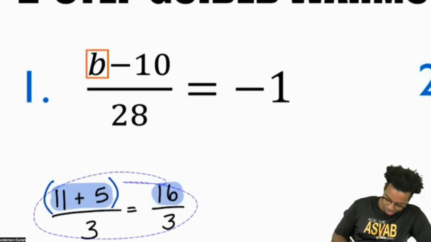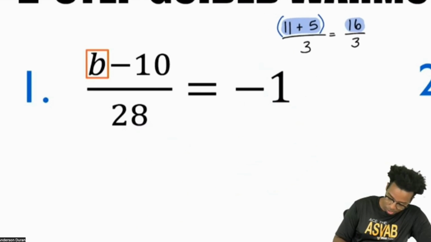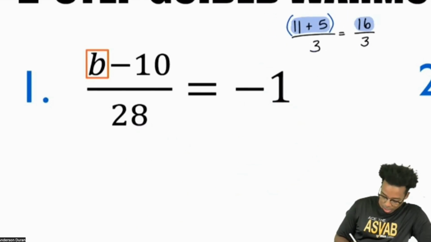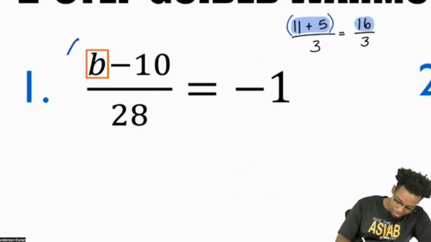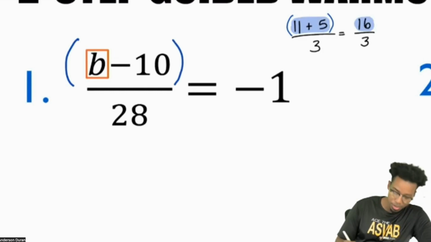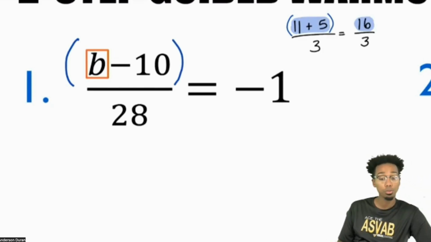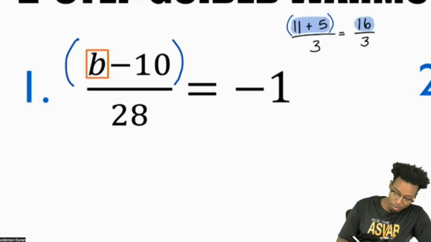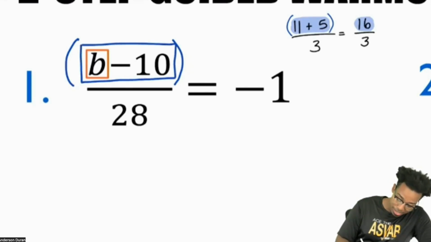Let me move this over to the side for a brief moment. Make it small right over there. So what I need you to understand is that this is a whole group up here. And so what that means, my party people, is that moving forward, you're subtracting the 10.